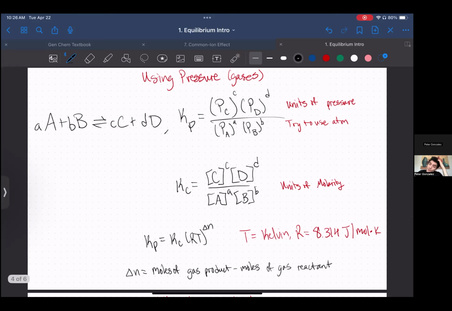On the flip side, maybe you have one on each side, in which case delta n is 0, which gives you the really funny case: if delta n is 0, this RT term is just 1, in which case Kp and Kc are the same thing. The reason I point this out is that all Kp takes into account is how gas changes.